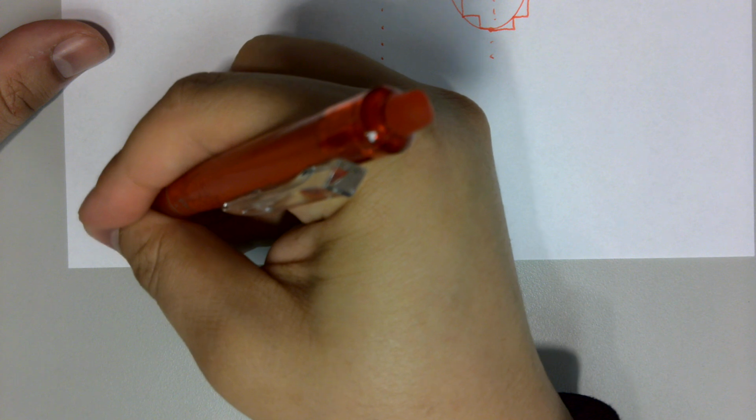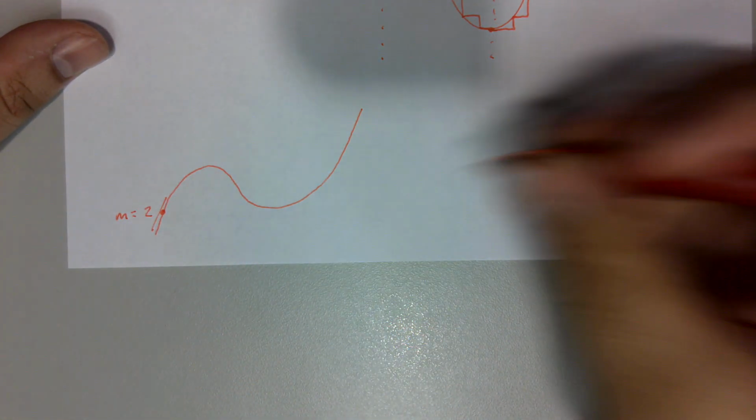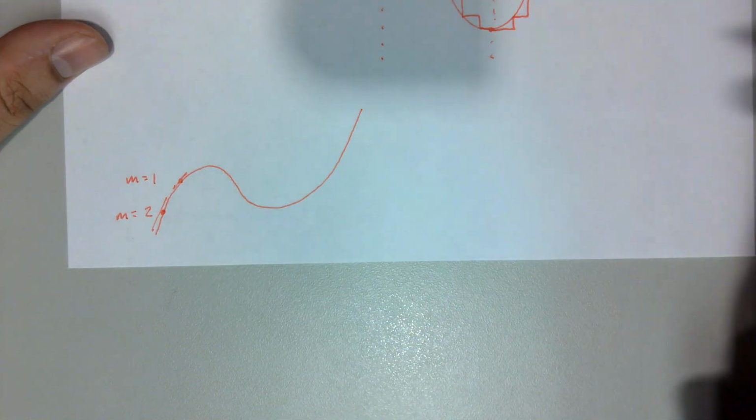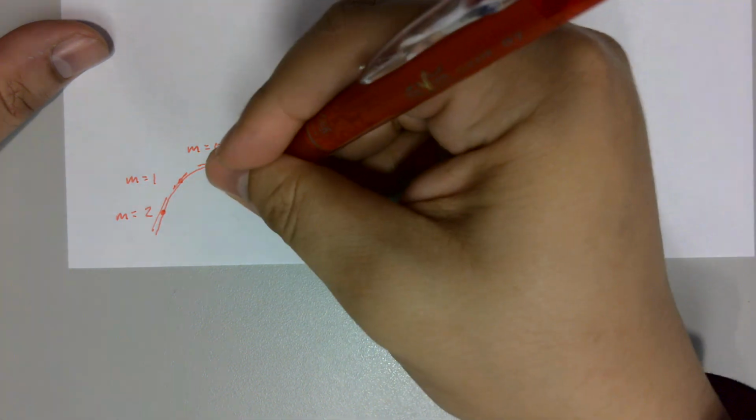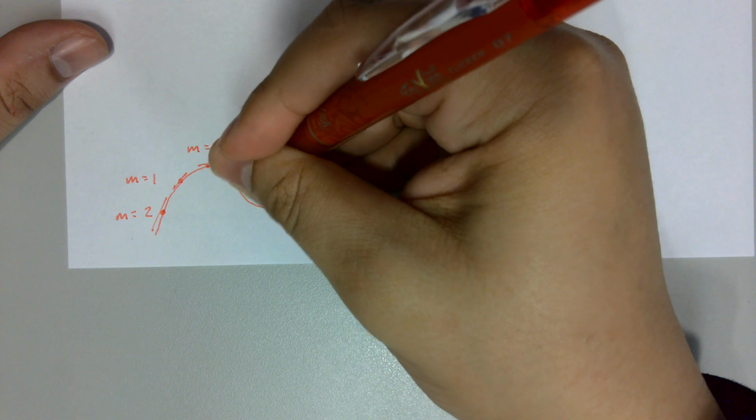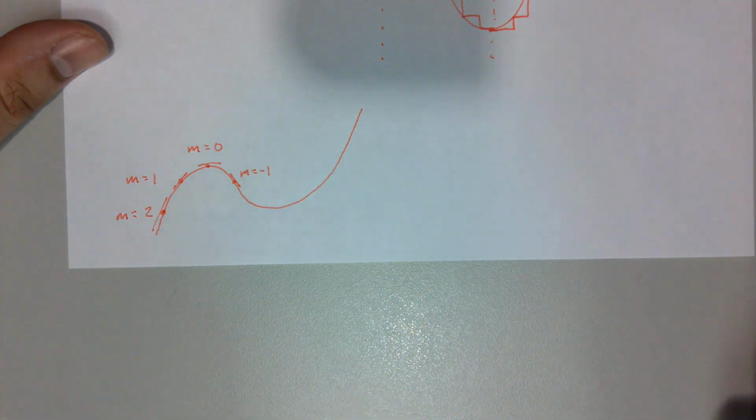The slope here, if I estimate it, is probably like positive 2 there. And over here, the slope's probably 1. Over here, the slope is flat, m is equal to 0. Over here, it's probably negative 1.